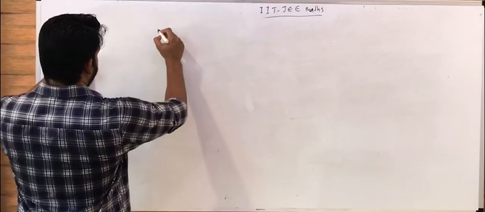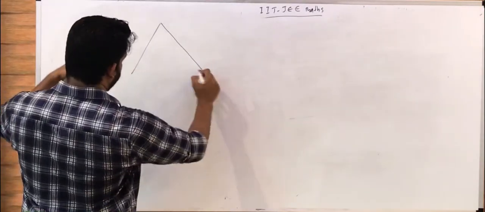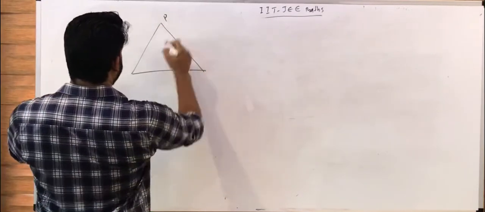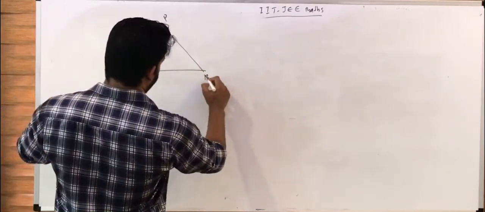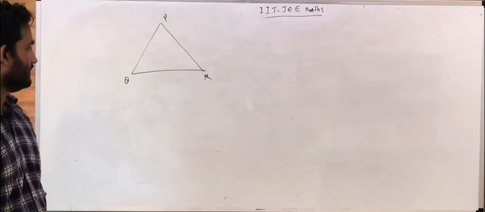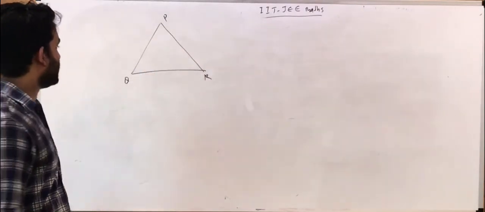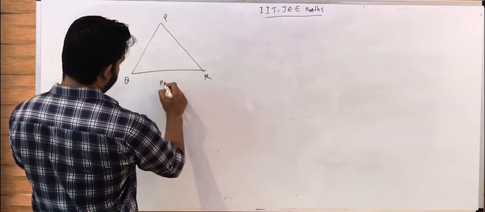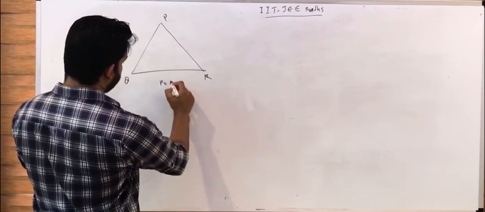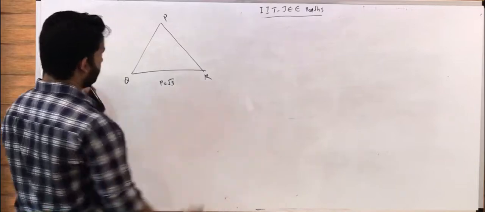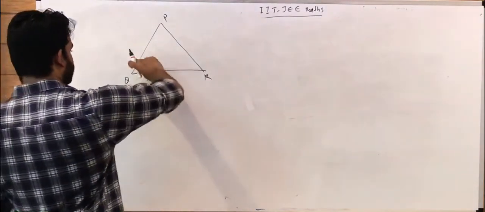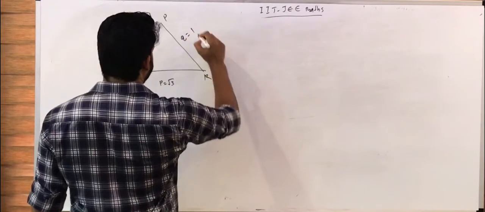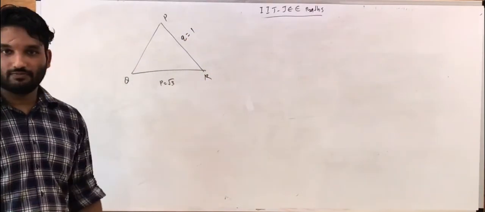There is one non-right angled triangle PQR. The side opposite angle P is given as root 3, and the side opposite angle Q is given as 1.